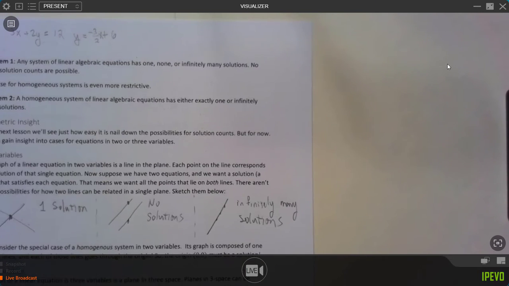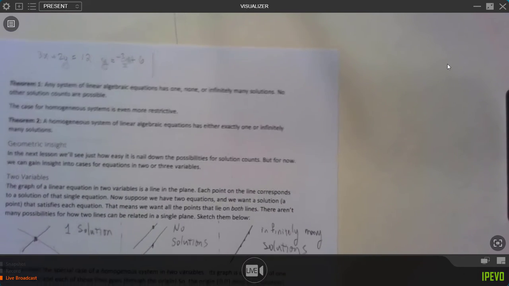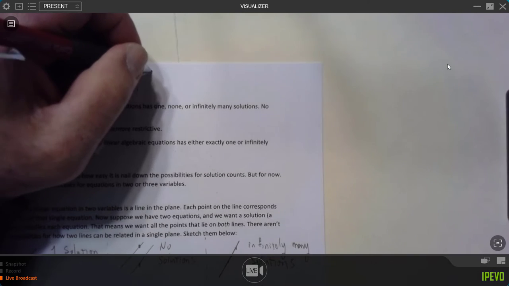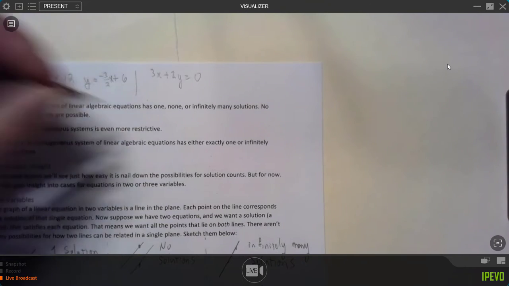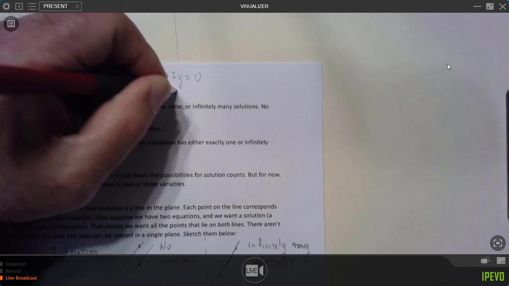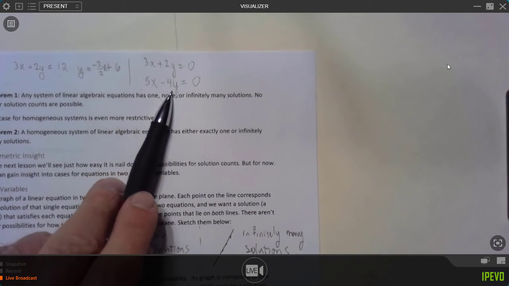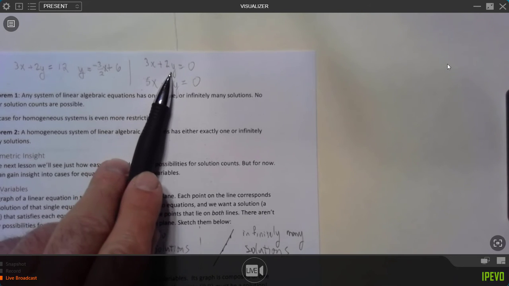Now, let me just push this one little step further, which is this. Suppose that you had a homogeneous system. So let's say we had this, 3x plus 2y equals 0. I'm just making stuff up here. How about this, 5x minus 4y equals 0. Now, notice in this case you can solve for y equals 5/4 x, and here y equals minus 3/2 x.